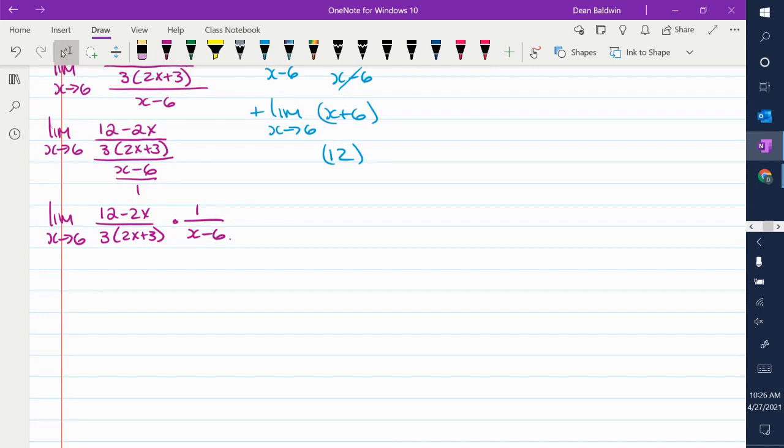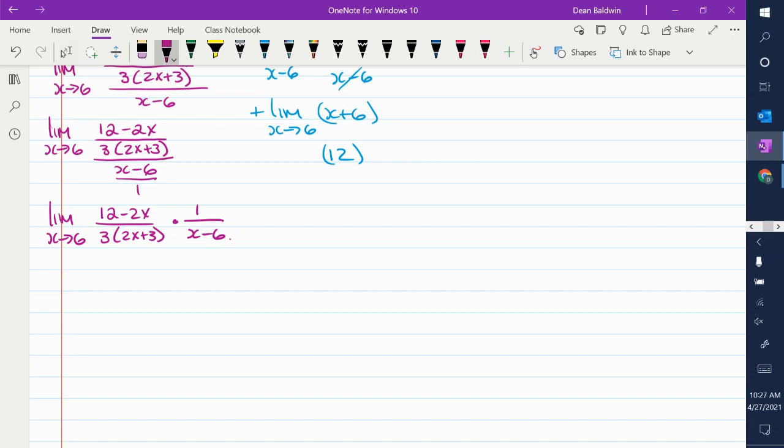What is the whole point of this? What usually happens at this point? This is going to go away somehow, right? It doesn't look like it's going to right now. But does anybody see how I can make this into that? Factor what? Not just a 2, a negative 2, right? Because that's going to flip the signs here.